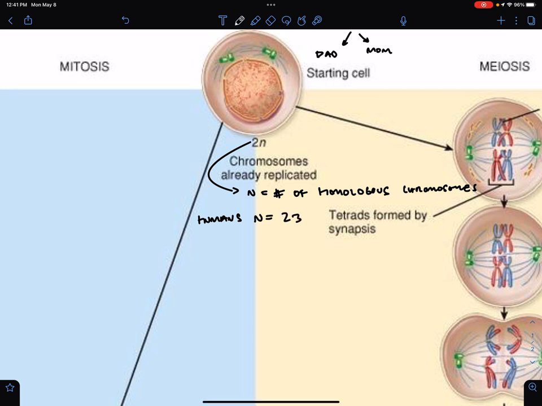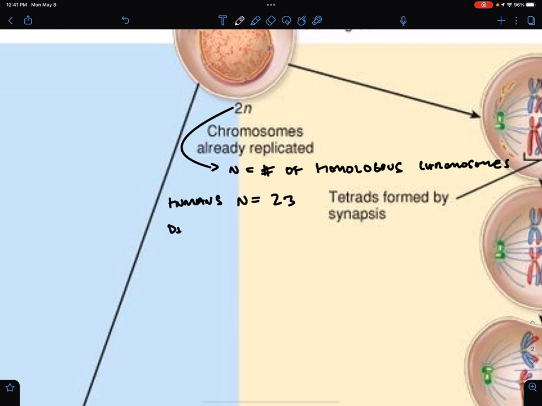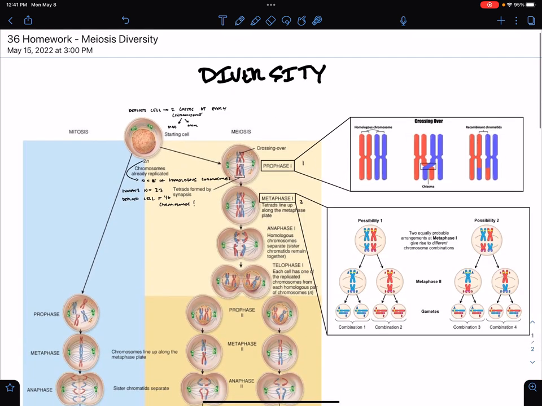We have 23 pairs of homologous chromosomes. So a diploid cell of a human is going to have 46 chromosomes total. Okay, so that's a human cell.